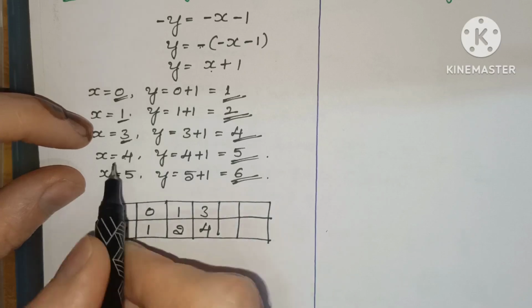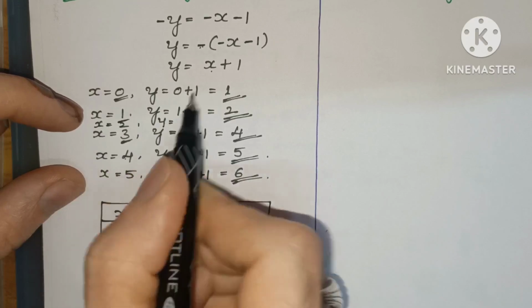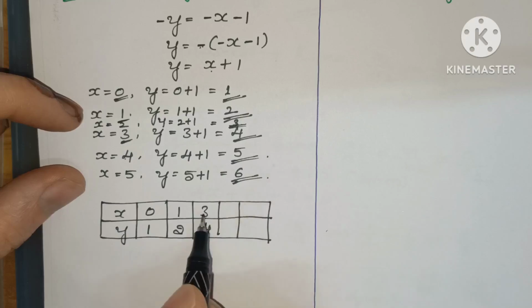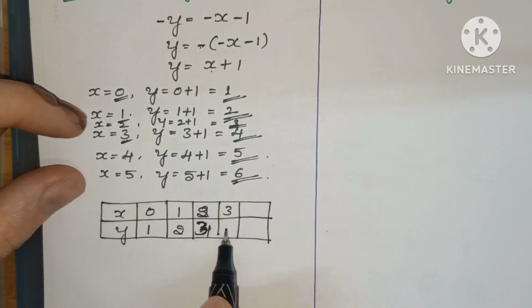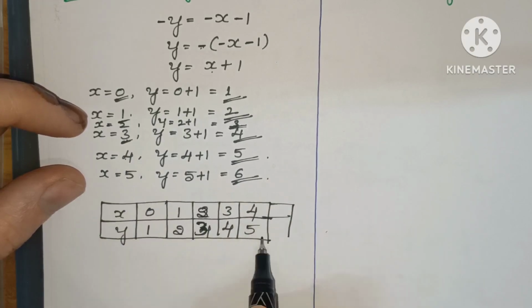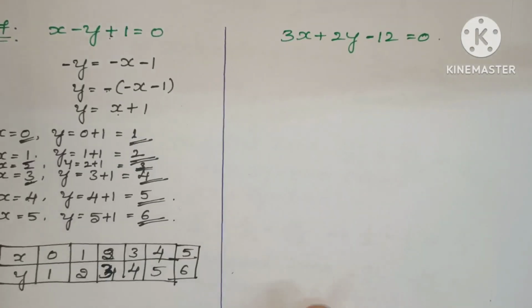Now we will write here x is equal to 2. Then y is equal to 2 plus 1, what will it come? 3. That also we can add. So 2 and this is 3. Then 3, 4, 4, 5. One more we can add, 5, 6. These are the values. Now let's find the values for the other equation also.